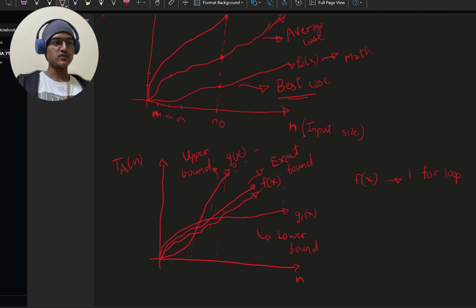So using these functions, g0x, g1x and the exact bound function, we can understand the order of growth of the program, the order of growth based on the input size.